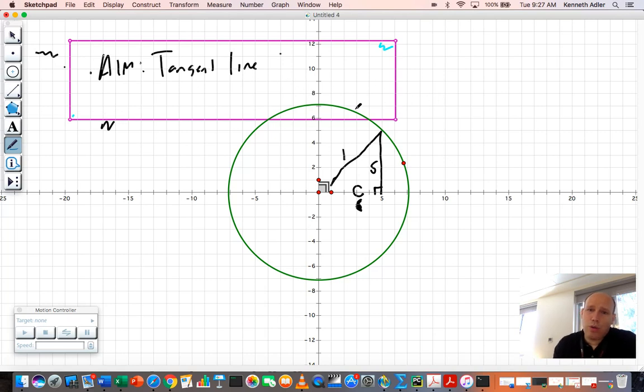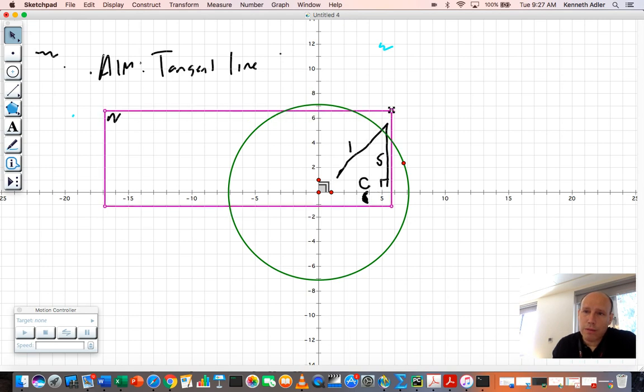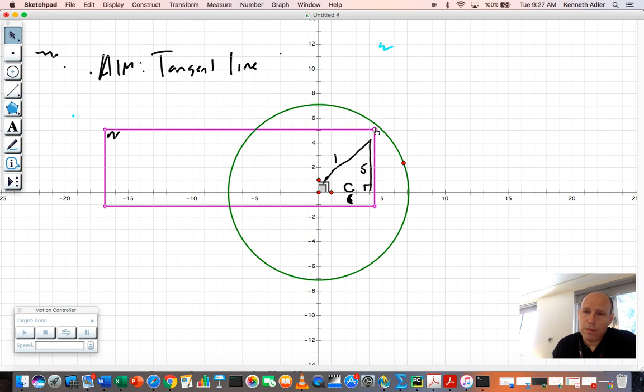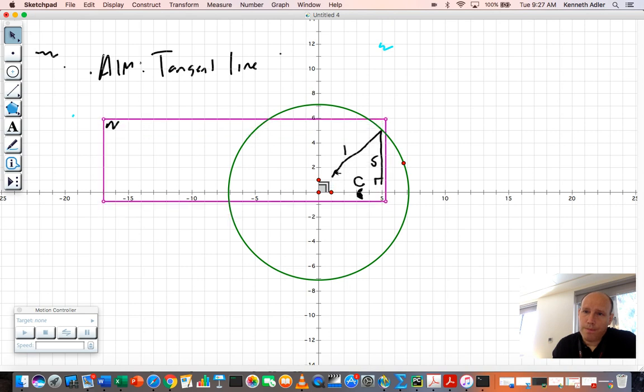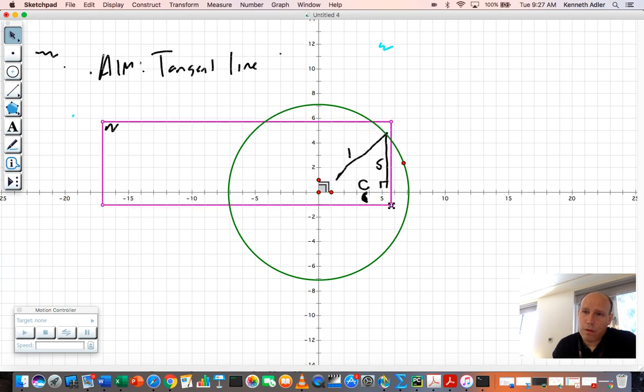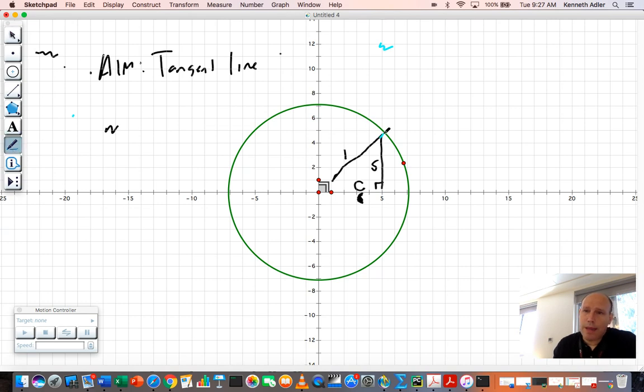And what I'm going to do is extend this out, up and then down, so it perfectly comes there. So the next question is, what is this height? Let's call it, I don't know, T.